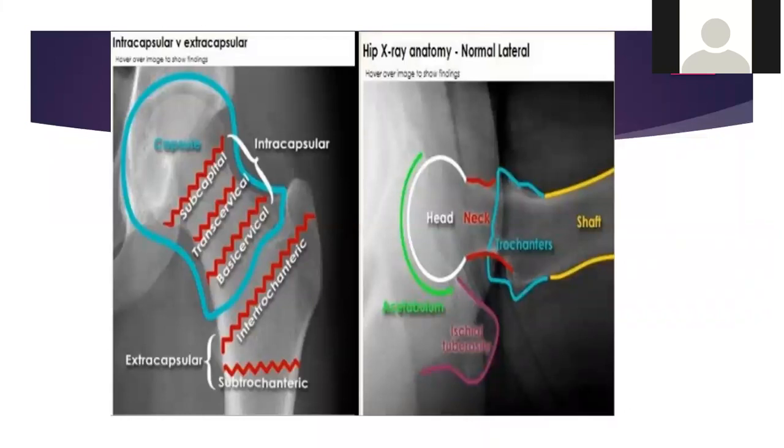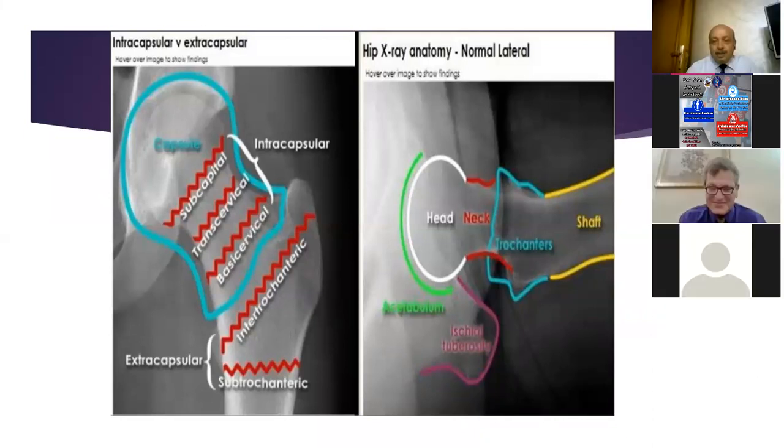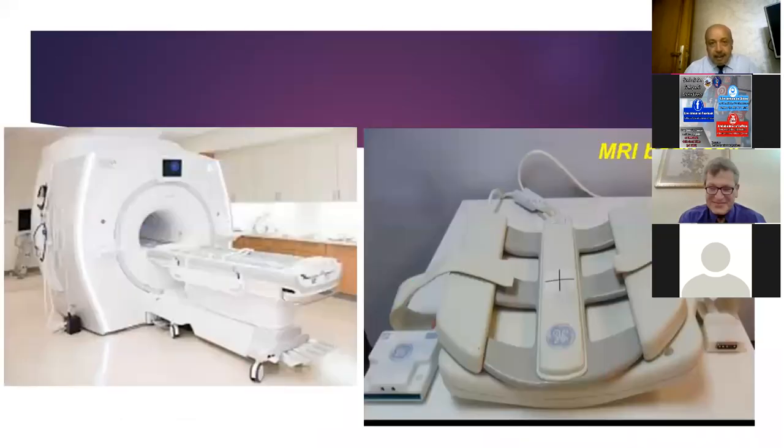It's now easy; we can see this in the CT or the MRI, but with plain X-ray it takes a more complicated manipulation of the patient to get that axial view, for the head and neck and the trochanters and to see the ischial tuberosity.